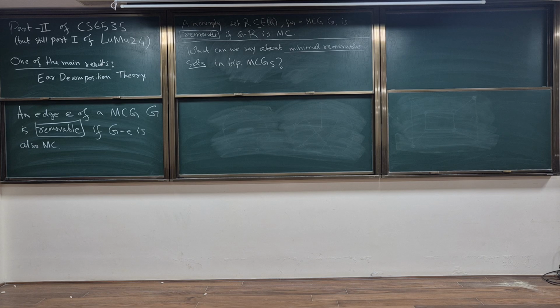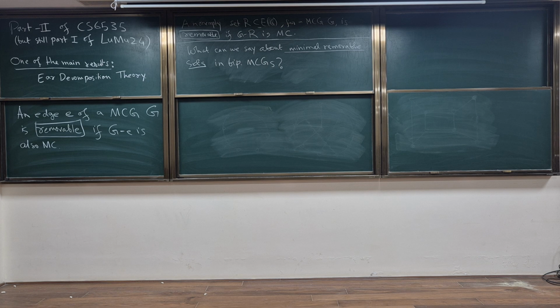So if you could delete two edges E and F from a bipartite matching covered graph to get another bipartite matching covered graph, well, you can add back E, and it is still a bipartite matching covered graph. Therefore, E comma F was not minimal to begin with. So the same argument essentially proves that every such set has cardinality 1.